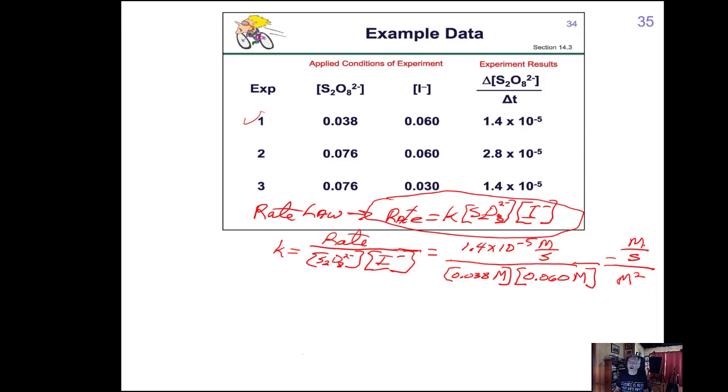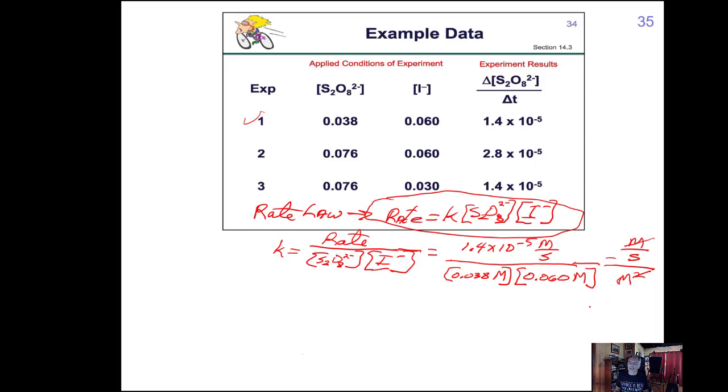Now, let's do a cancellation of rate constant units. So here we've got molarity in the numerator, and two molarities, molarity squared, in the denominator. So I'm going to be able to cancel one of these molarities. That's going to give me 1 over molarity.